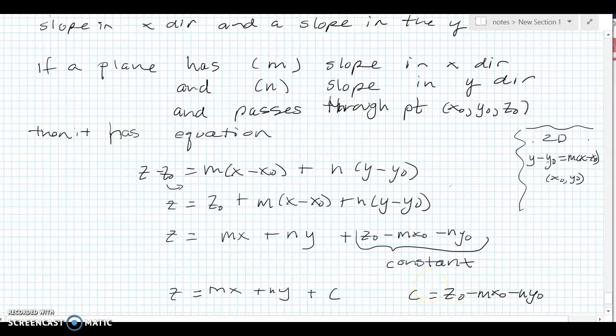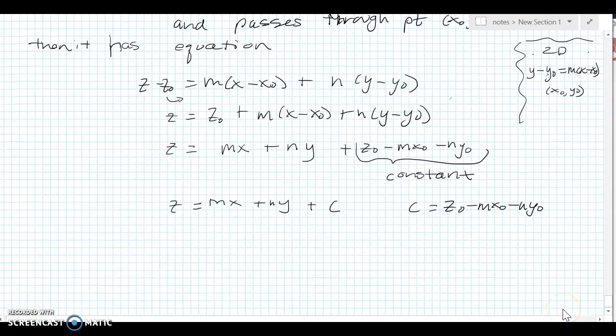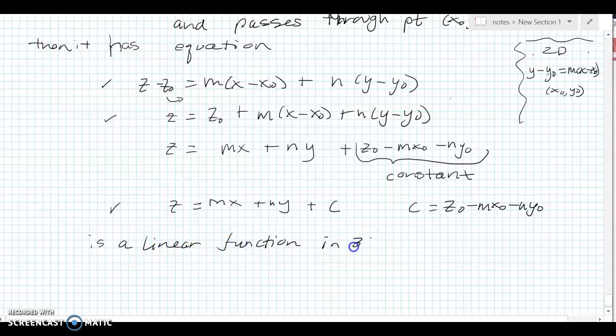Constant. You can use this. We have a linear function in 3D.